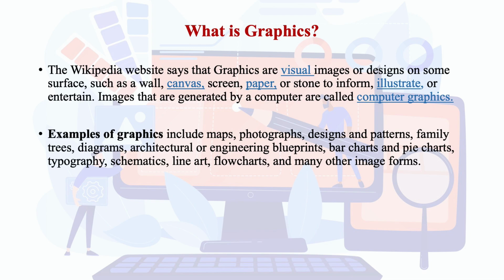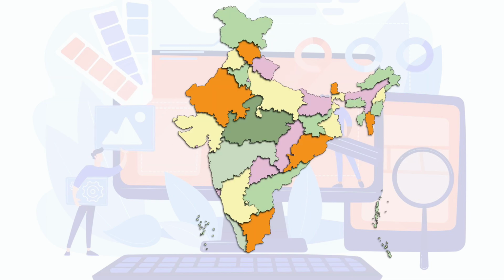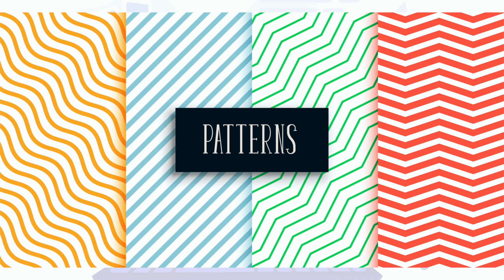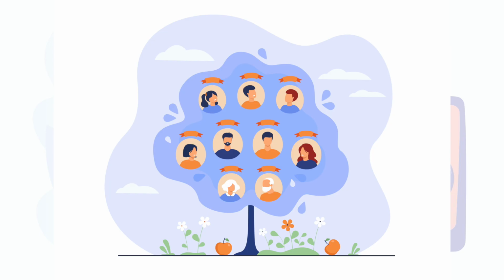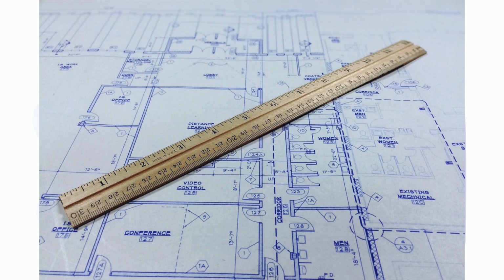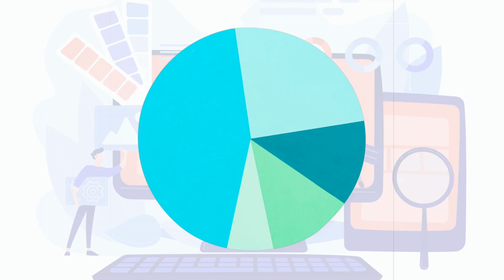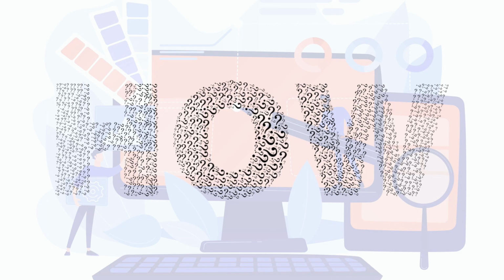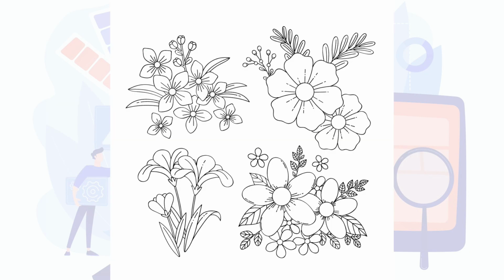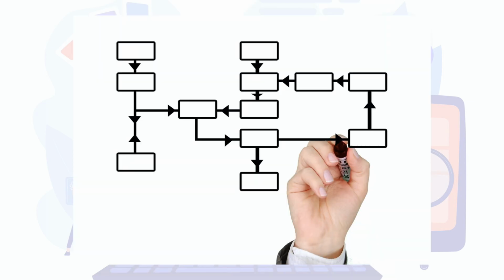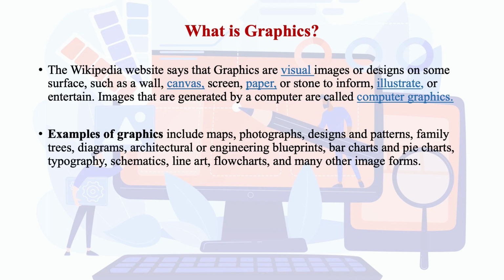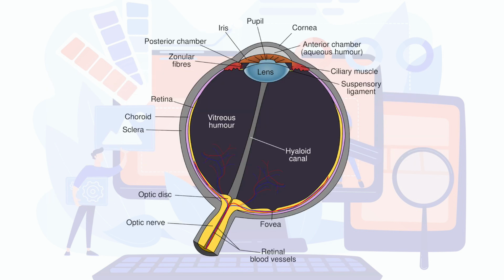Examples of graphics include maps, photographs, designs and patterns, family trees, diagrams, architectural or engineering blueprints, bar charts, pie charts, typography, schematics, line art, flowcharts and many other image forms. Graphics often combine text, illustration and colors.